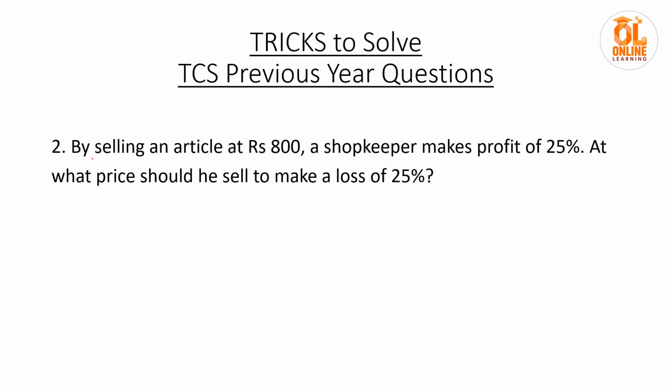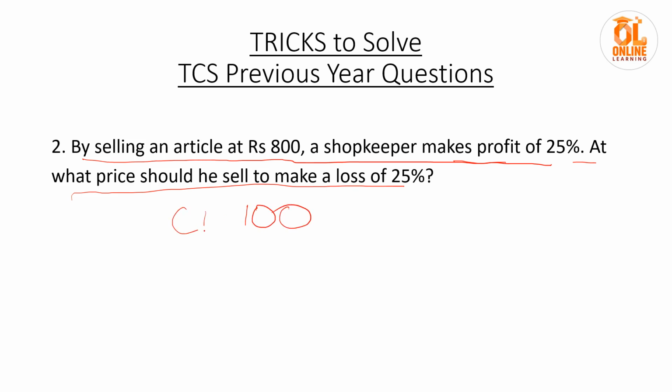Now here it is given, by selling an article at rupees 800, a shopkeeper makes a profit of 25%. At what price should he sell to make a loss of 25%? It is given makes a profit of 25%. Then let us take the cost price as 100.